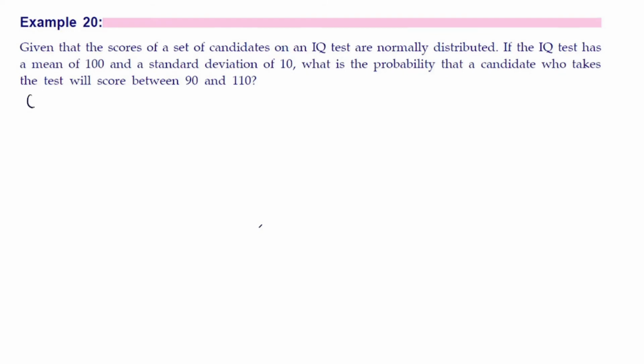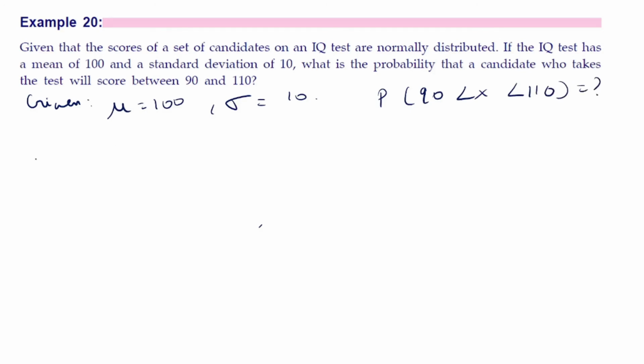We need to find the probability that a candidate who takes the test will score between 90 and 110. That is, we need to find probability of 90 less than x less than 110.